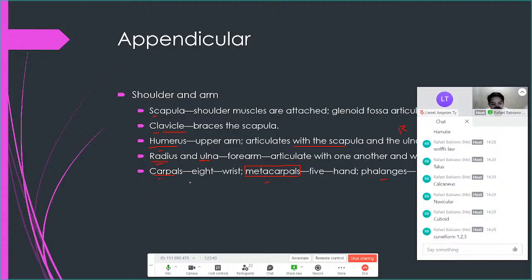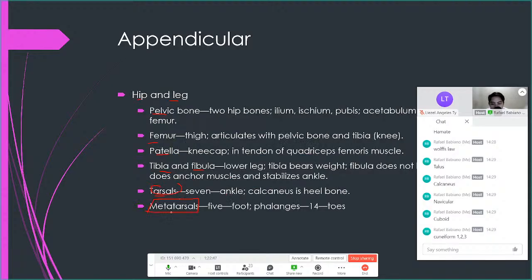Do not be confused: carpal bones, tarsals, metatarsals. In the foot, metatarsals; in the hand, metacarpals. Metacarpals, hand. Metatarsals, foot. The phalanges are the same: 14, proximal phalanx, middle phalanx, distal phalanx.